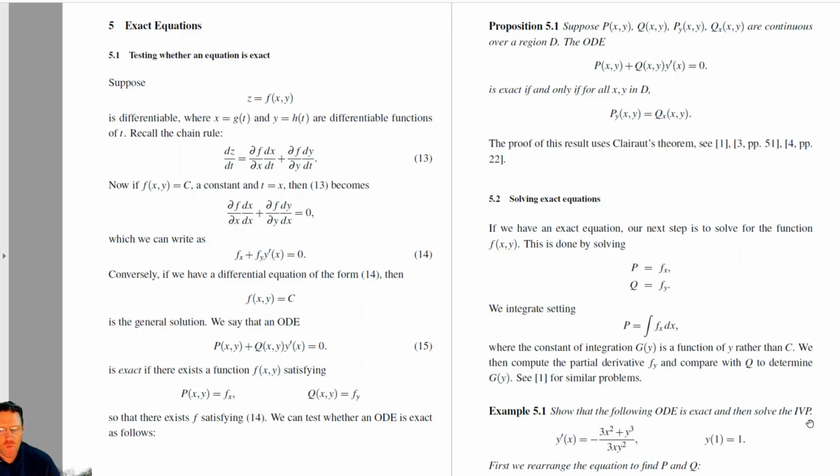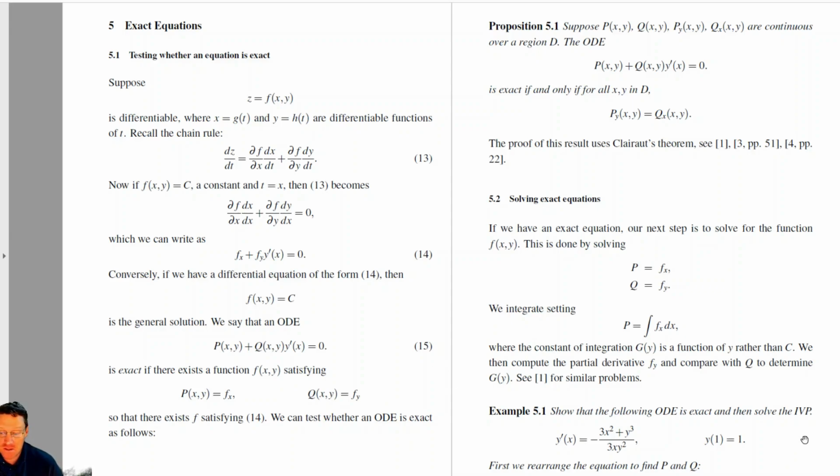So first we want to rearrange this equation so that it's in the form of equation 15 here. So we multiply both sides by 3xy squared, and then we take the minus 3x squared minus y cubed over to the left hand side, and we have the form of equation 15, so that we can now set out a p and a q.